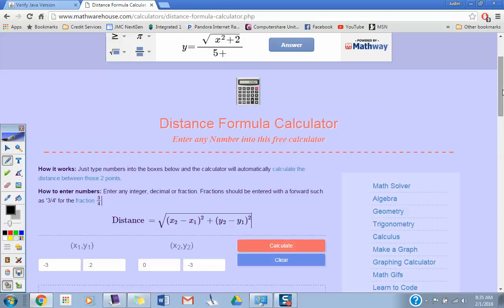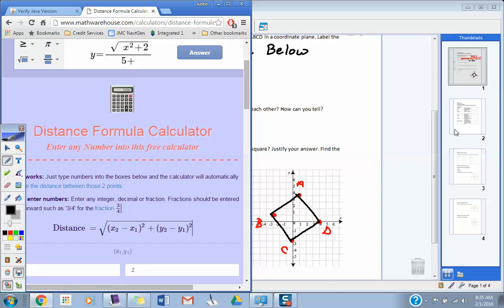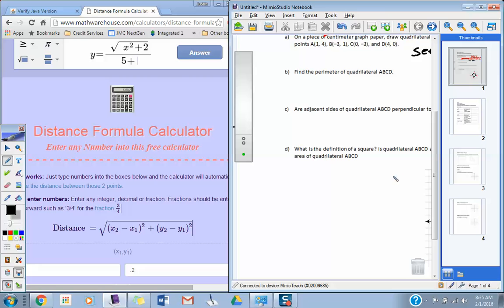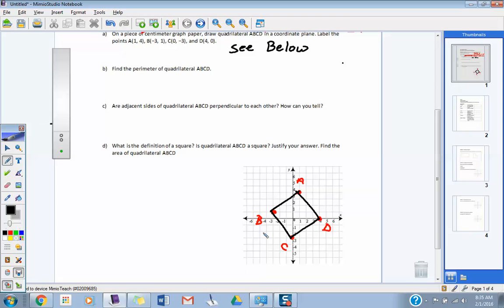All right, so what we're going to do is we're going to find the distances of all 4 sides. So right here, gang, what I'm going to do, these 2 side by side, and we're actually going to find the distance from A to B. So gang, right here, what point is A? 1, 4, and B is what? -3, comma 1.